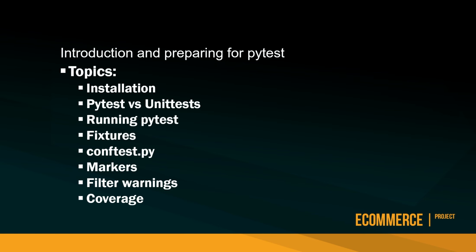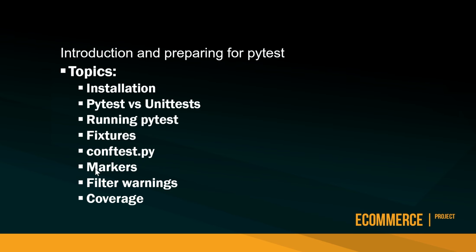And then the idea of markers. This is some really handy metadata that we can apply to our tests. For example, if we know that a test isn't working, we can flag it as not working and sort it out later. We can also add our own markers. If there was a set of tests that you wanted to run at a particular time, instead of running all the tests that we have, we can mark tests.